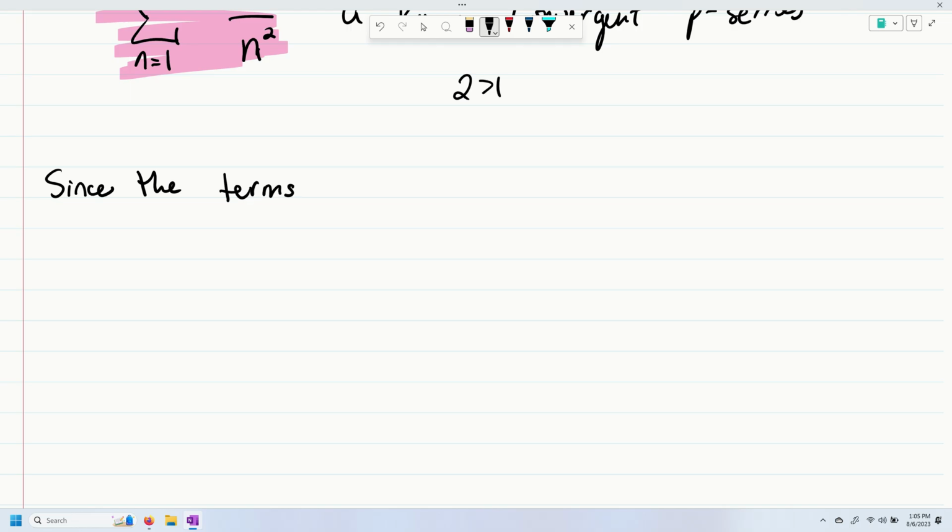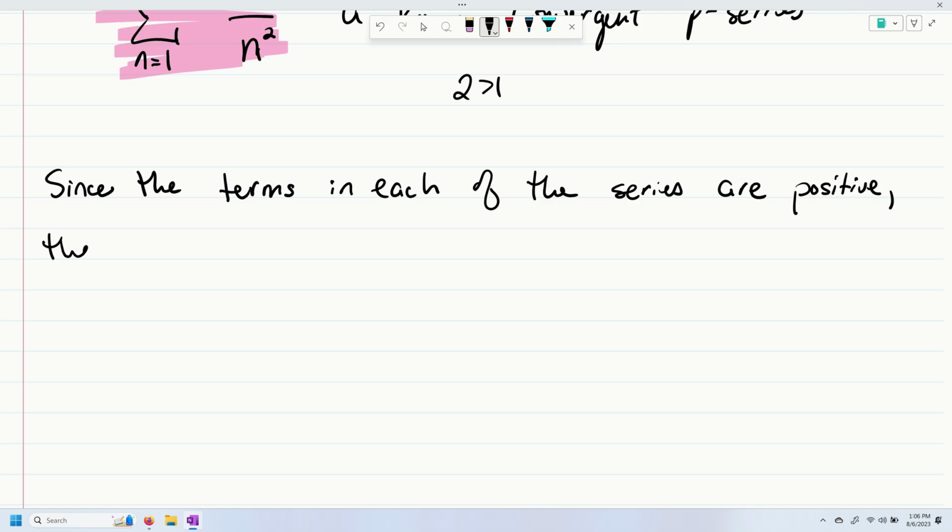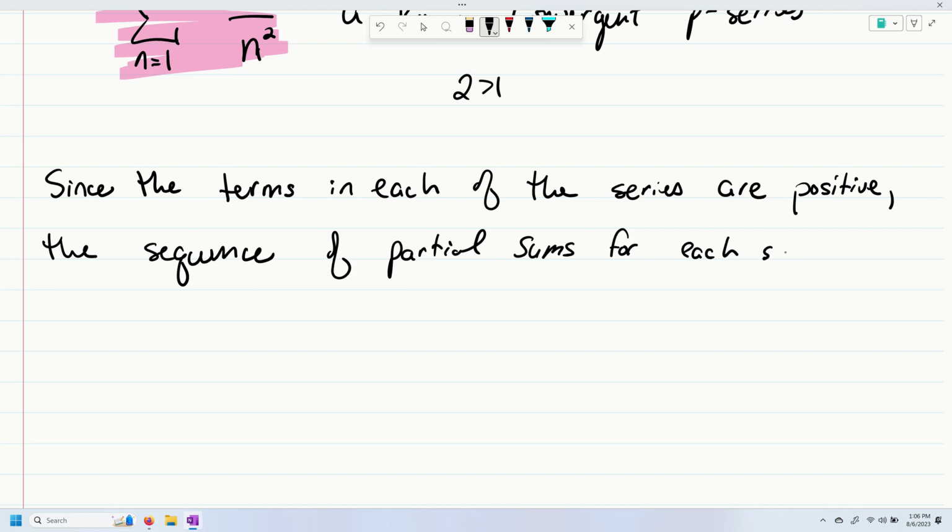Since the terms in each of the series are positive, the sequence of partial sums for each series is monotone increasing.